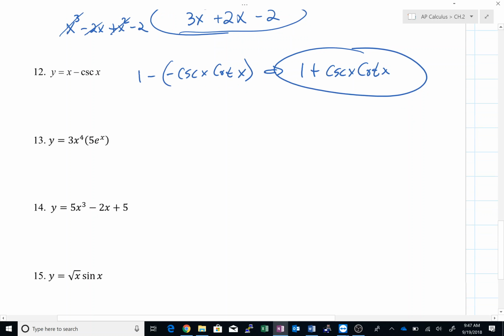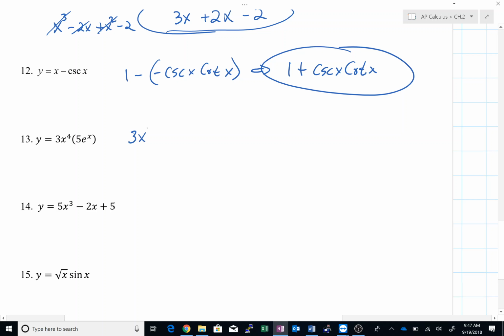Number 13, we do have to use product because I can't combine that e to the x with anything. So I will do 3x to the 4th, prime it, times 5 e to the x, plus 3x to the 4th times 5 e to the x.